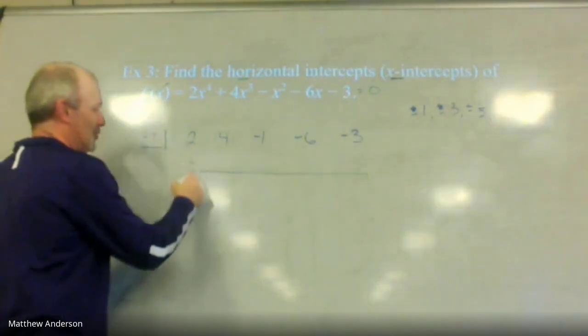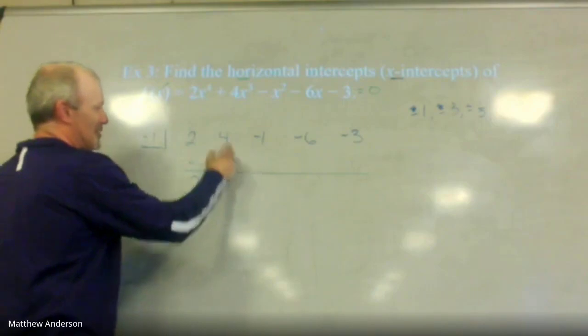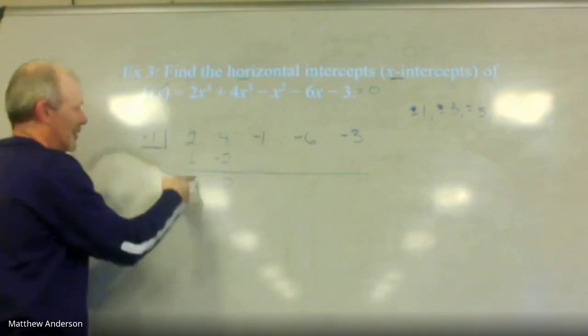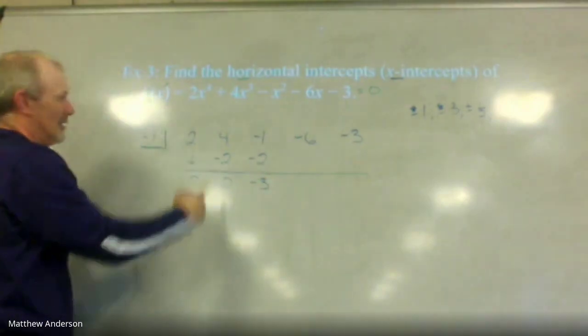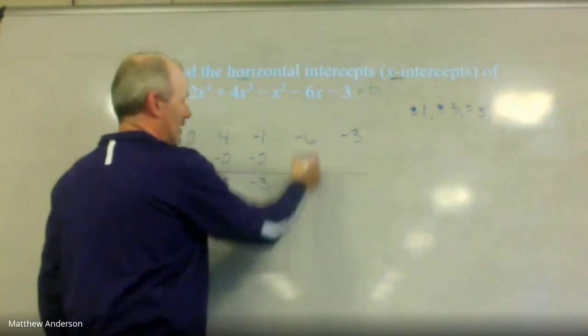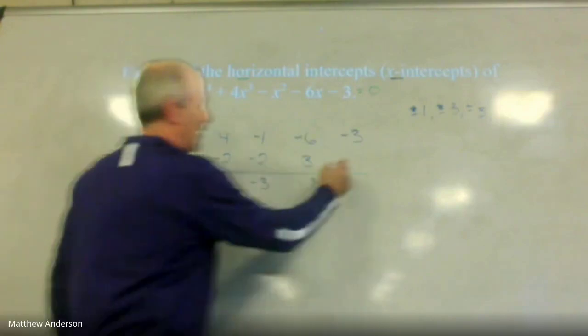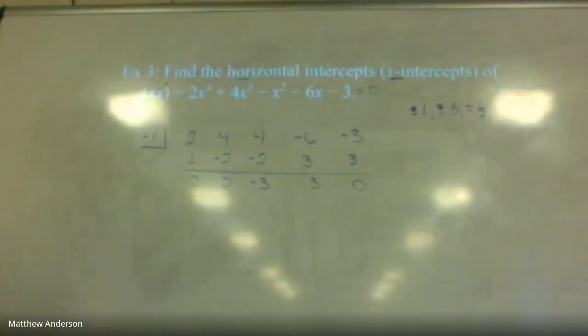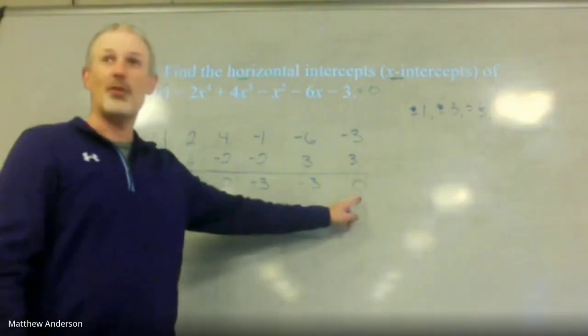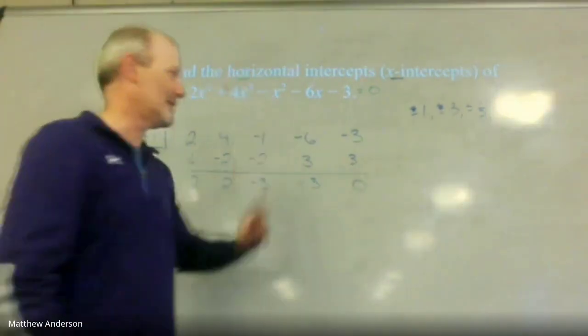All right, 2 times -1 is -2. Add that, we get 2. Multiply again, we get -2, -3, which gives us +3, -3. Hey, I think I got that one to work. All right, so -1 works. And the reason it works is because you end up with a 0. So here's what that means.